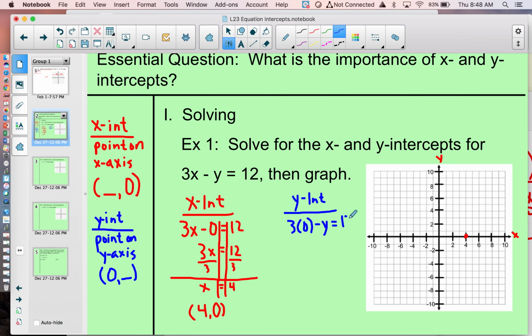We're going through, we're keeping things nice and even here. 3 times 0 is 0. This is a negative y, and I'm going to put it as a negative 1y. And now all we got to do is divide and get our y value alone by itself.